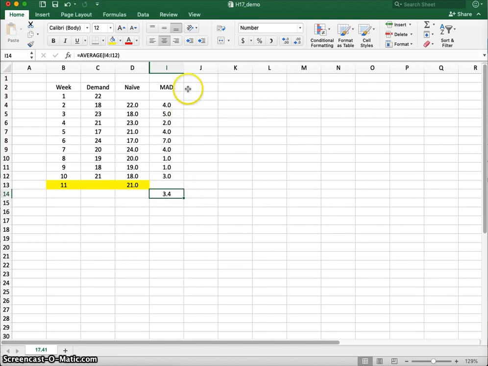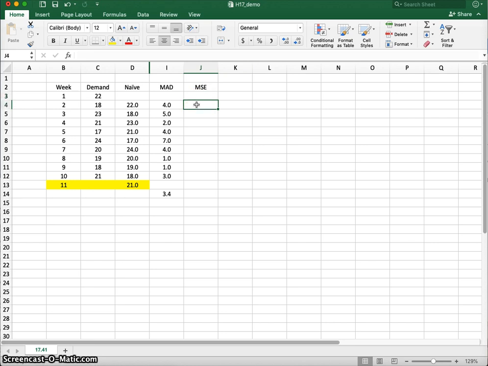Another way that I can do it is I can use the method your book seems to like, MSE, or mean squared error. Okay, so that's another way to get rid of negatives, is to square the number.